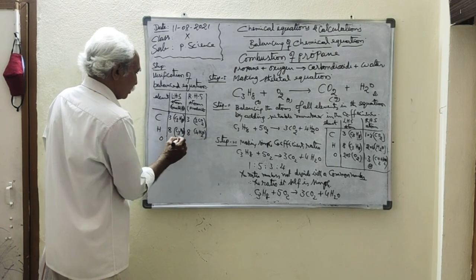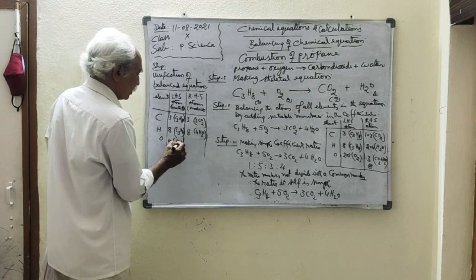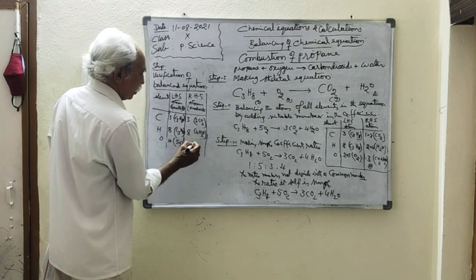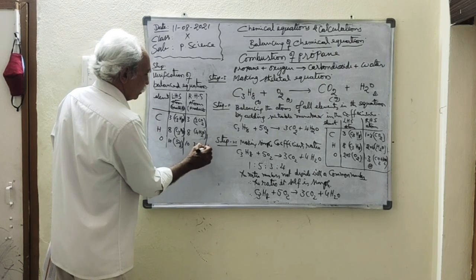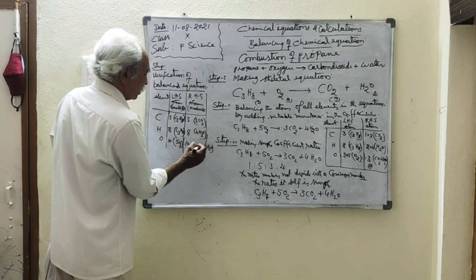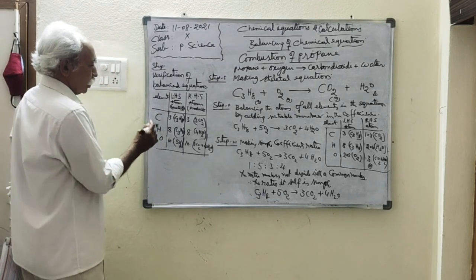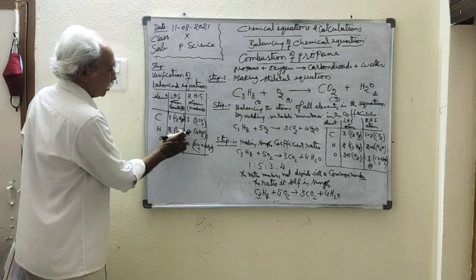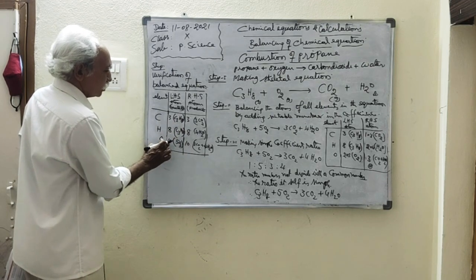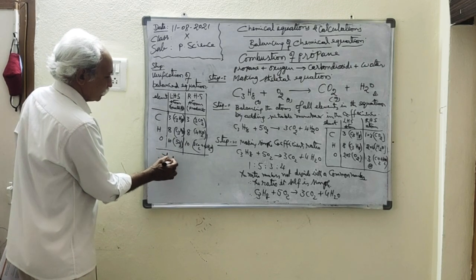Next, oxygen atoms. Here oxygen atoms are 10 coming from 5O2, 5 2s are 10. Here 10 atoms we got from the 3CO2 plus 4H2O. Total is 10. So you can find carbon atoms 3 on either side, hydrogen atoms 8 on either side are equal, oxygen atoms 10 on either side. Hence the equation is balanced.